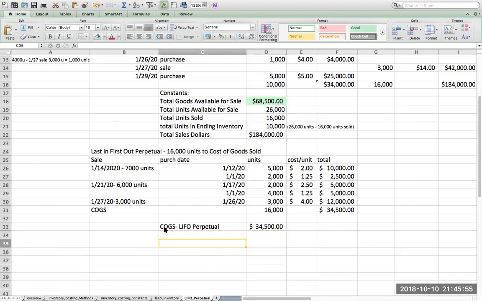The next thing I'm going to be asking for is the ending inventory. Now, we remember before, goods available for sale minus my cost of goods sold is equal to my ending inventory. And here, my goods available for sale, which is one of the constants, was 68,500.